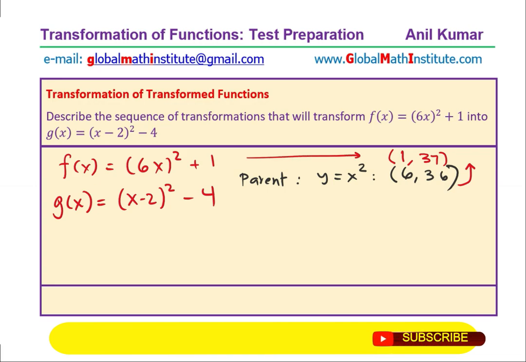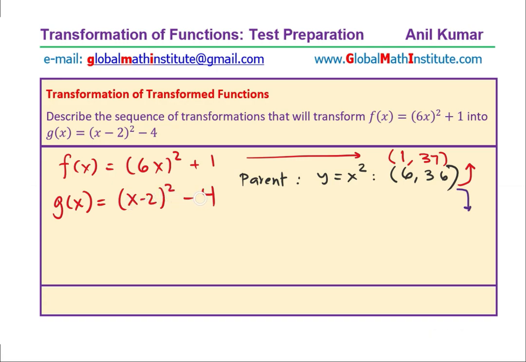Now, let us see what is going to be the point on g of x. So g of x is (x minus 2) whole squared minus 4. X is 6. If I add 2 to it, it becomes 8, right? And minus 4 from 36 gives me 32.